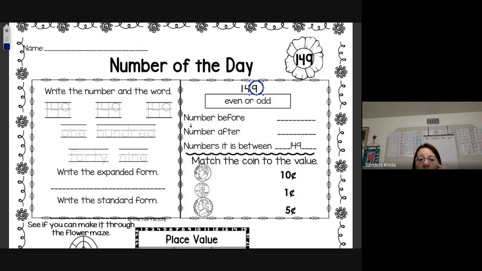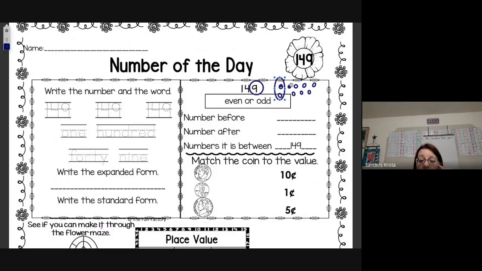All right, so when we're looking at even and odd, we look at our ones place. So if we have 9 ones, 1, 2, 3, 4, 5, 6, 7, 8, 9. We look to see if there is a partner.